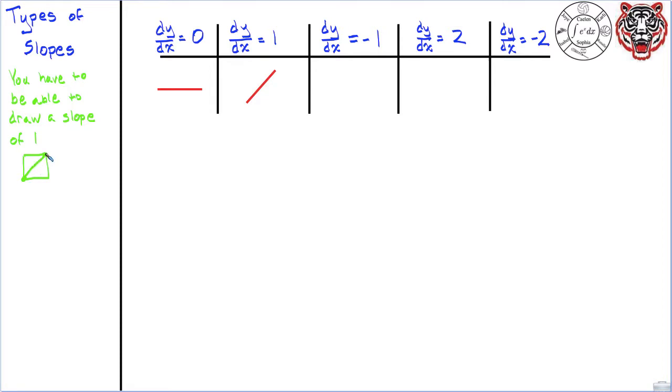That is a slope of 1. That's how you should visualize that slope. All right, so moving forward, what is a slope of -1? Take a guess. Okay, slope of -1 looks like that, connecting the corners of the square to make sure it's nice. Okay, what about a slope of 2?